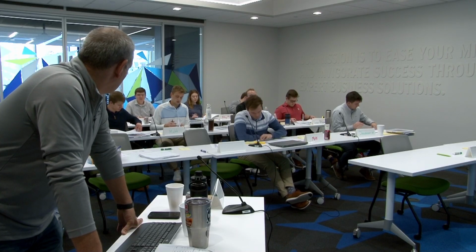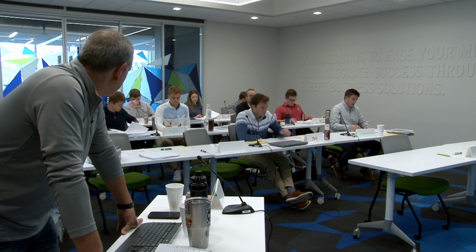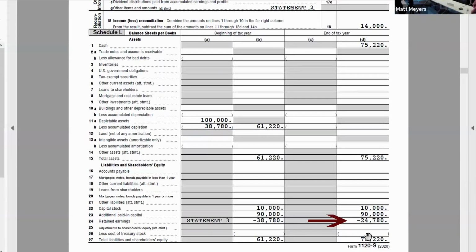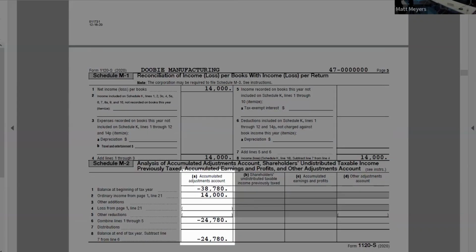Yes, we did. How much cash do I have on this balance sheet? 75,220. I no longer have the machine, correct? And I have 24,780 of net income, which when I come down to my AAA section, I got negative 38. There's my 14. There's my 24. It all kind of ties out, correct?